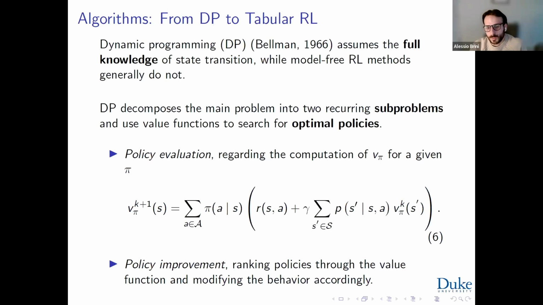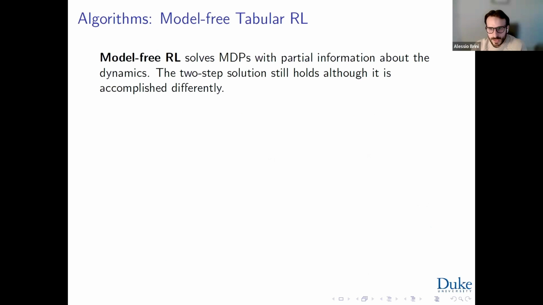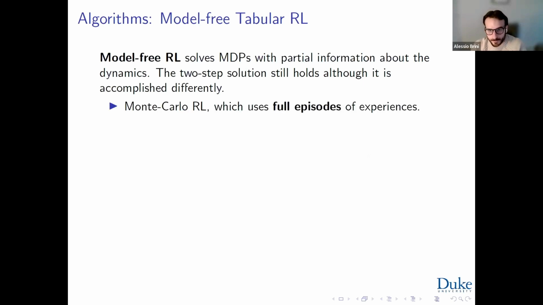Then doing the so-called policy improvement, because then you can rank the policy according to the value function that you can compute in closed form and modify the behavior accordingly. But if you don't have the full knowledge of the state transition, you have to resort to data-driven techniques. So essentially, for a very simple model-free reinforcement learning algorithm, there is still the two-step solution, but they are accomplished in a different way.